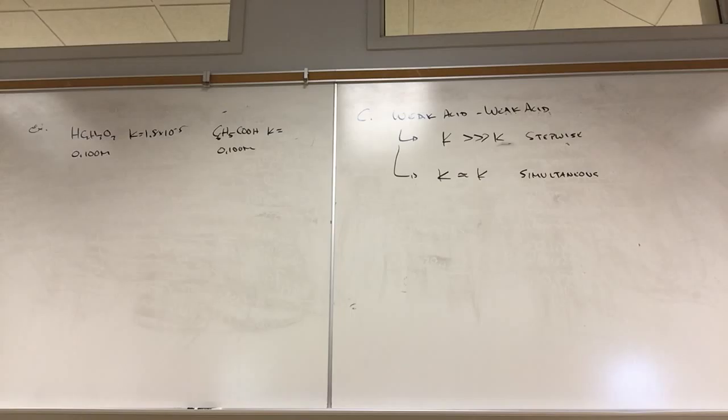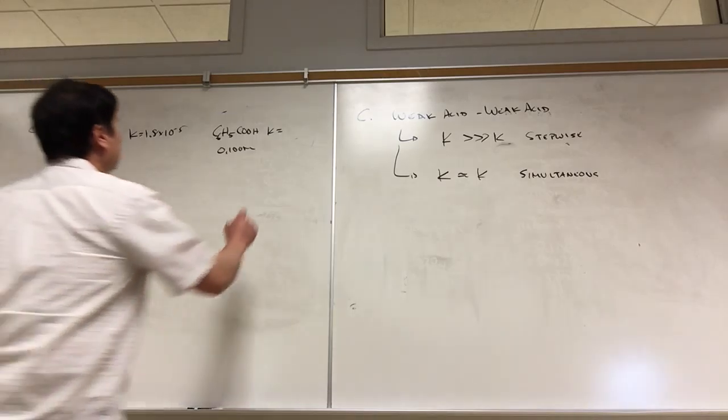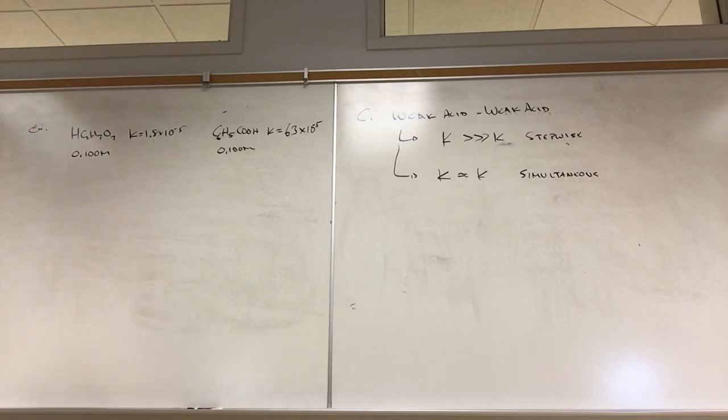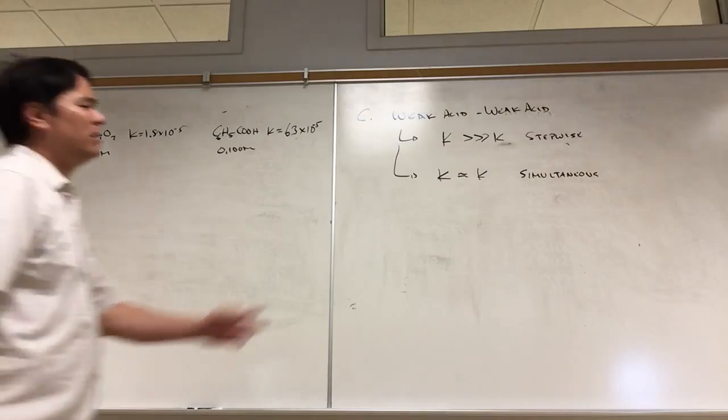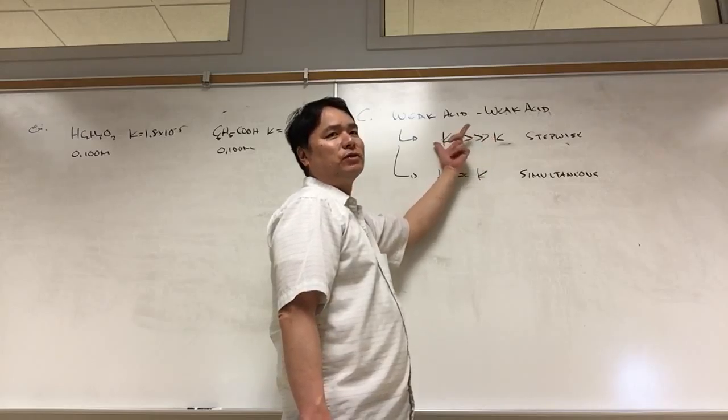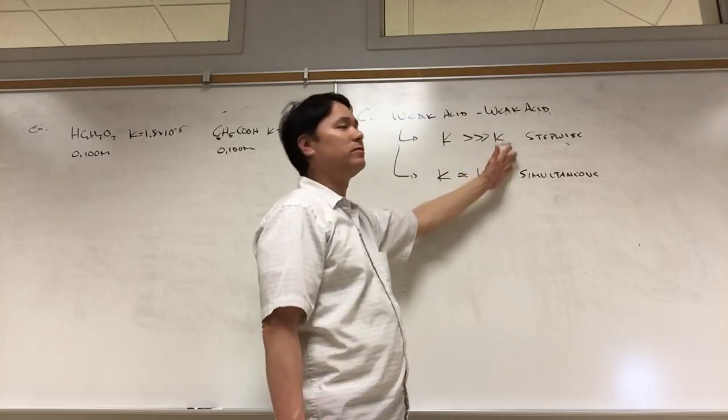Does somebody have their book, Andy? Thanks. 6.3 times 10 to the negative 5. You see, these two Ks are pretty comparable. So that means both of these are going to be significant hydronium ion contributors. Whereas if the Ks are significantly different, like say one's 10 to the minus 2, the next is 10 to the minus 5, then for sure the 10 to the minus 2 is going to be the dominant source of hydronium here.